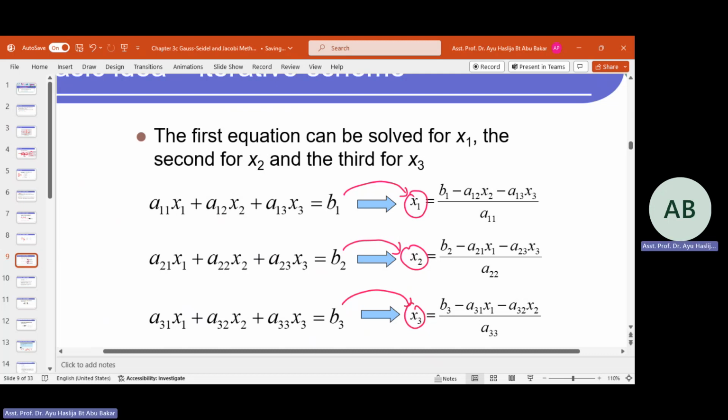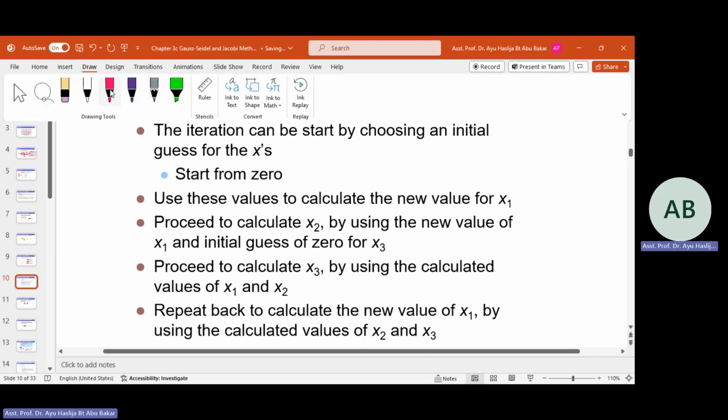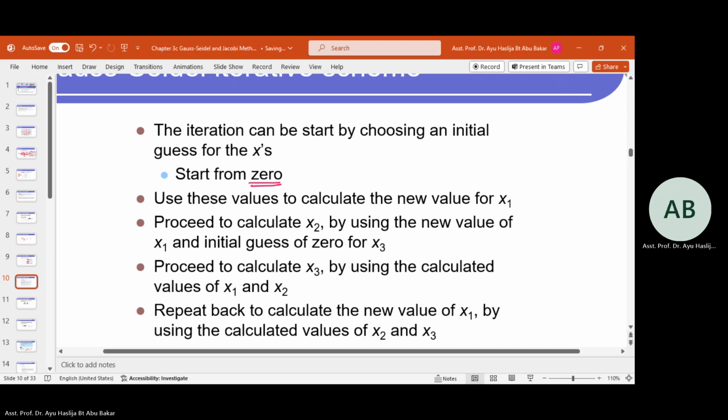If you have 5 unknowns just now, you should have 5 equations. For the iteration, it always starts from 0, to calculate the new values for x1, x2, and x3. I explain first, later we'll do exercises. Always start from 0. Remember that.